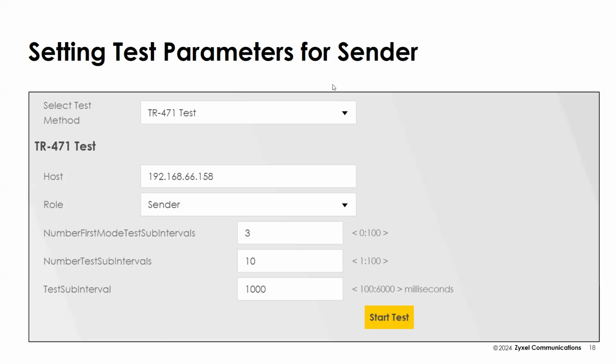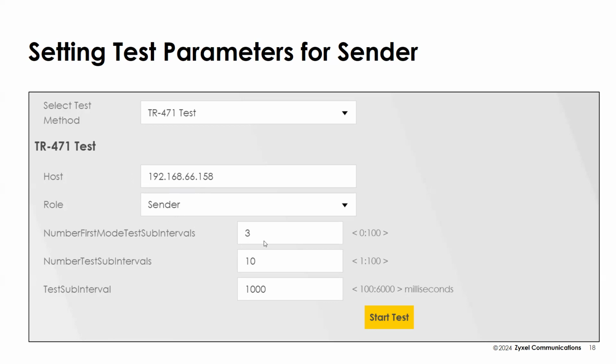Okay, since our first case is to see how we can perform an uplink test, as we already know, we need to enter the host IP address, and the host will act as a receiver during the test. That's the reason we need to select sender as the role on our CPE device in this case.